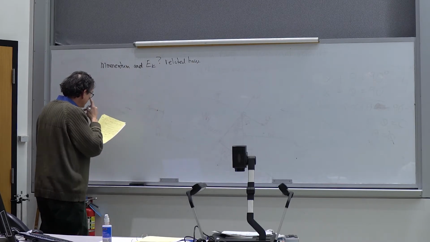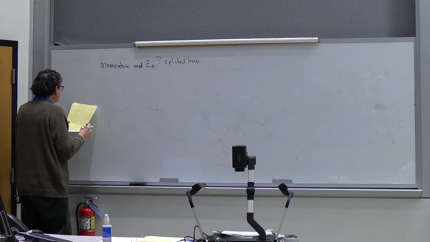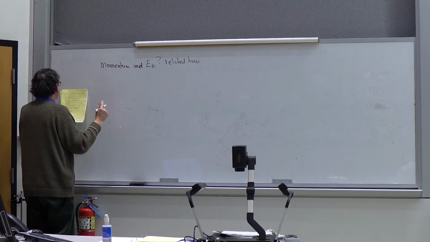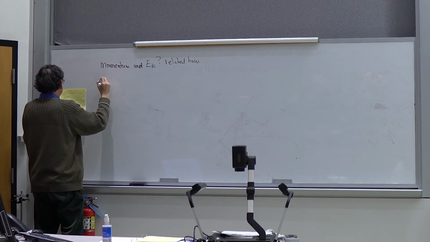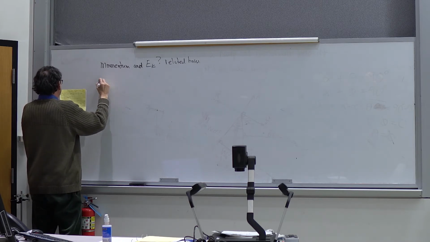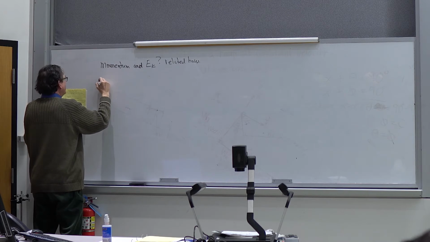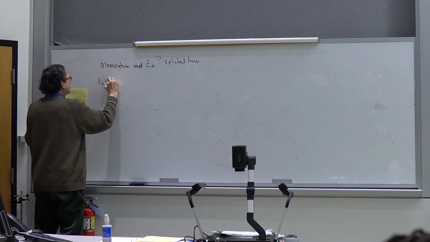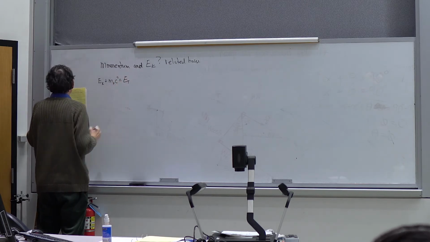Well, let's see. Here's what we can do to get to that point. Let's write out our total energy equation again. So we're going to say that the kinetic energy plus the rest mass energy is equal to the total energy, E sub t.